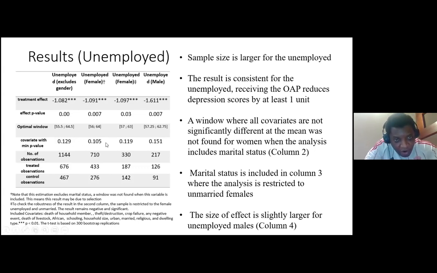This row here just gives you the idea of the p-value. So this is the p-value for the covariate that has the minimum p-value of all the covariates we used. So the point here is that the estimate is consistently negative and significant. Because the sample is larger here, we trust this result more.